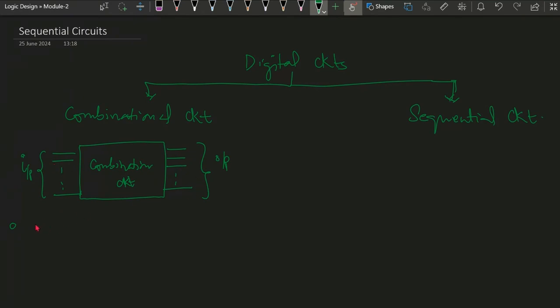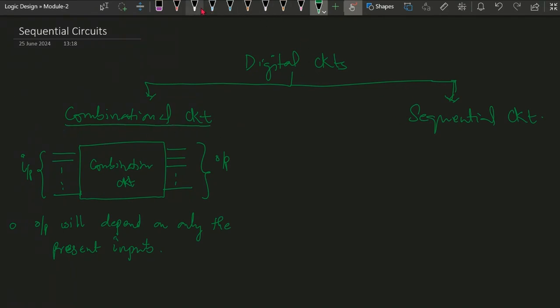So the output will depend only on the present inputs. Its meaning is, at a particular time, if we are applying some inputs, with respect to that input only the output will be changing. So this is the combinational circuit.